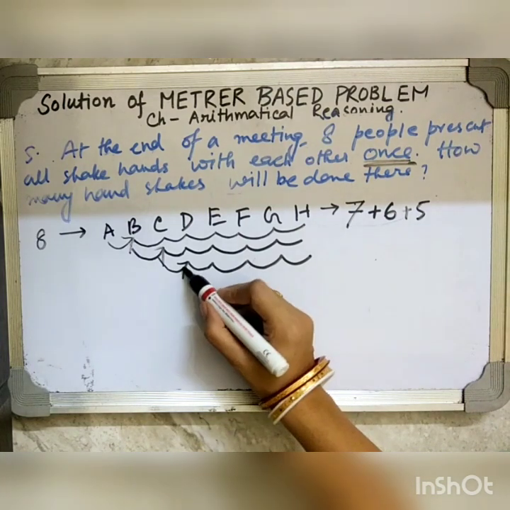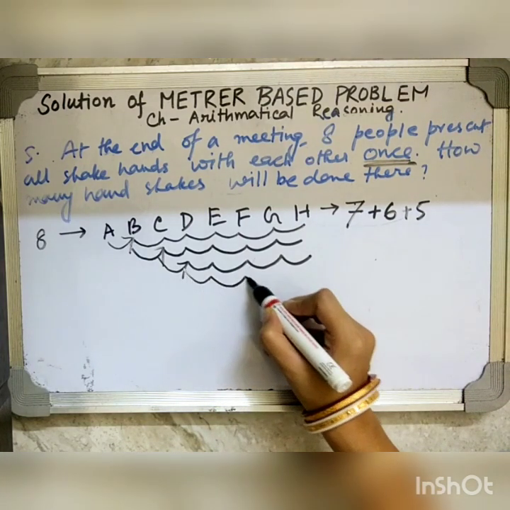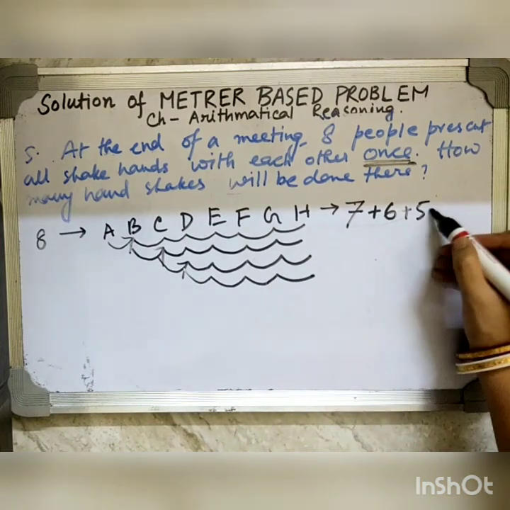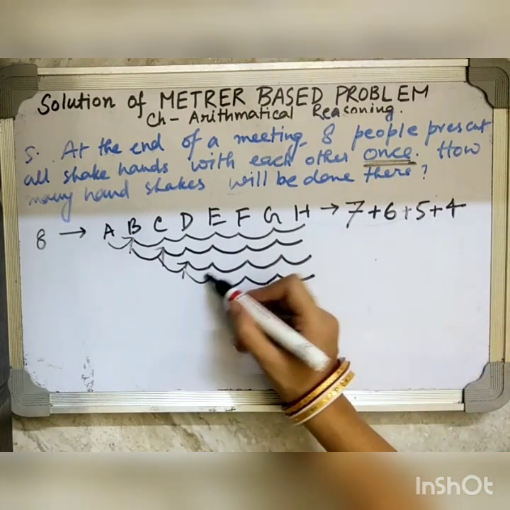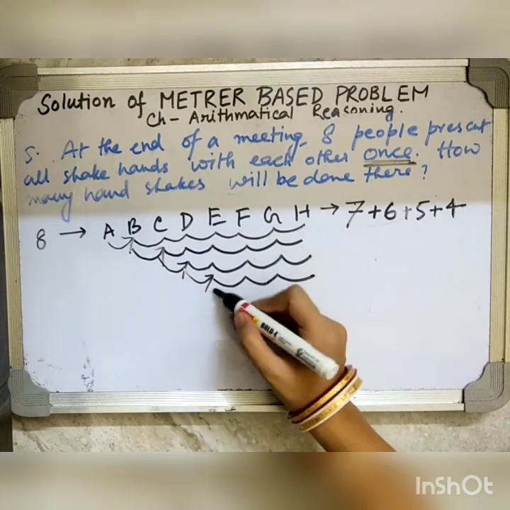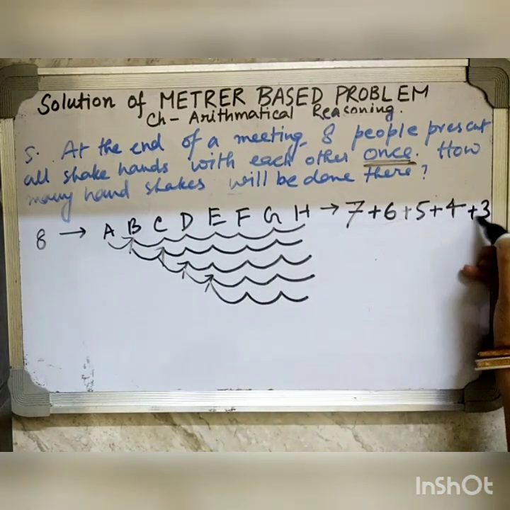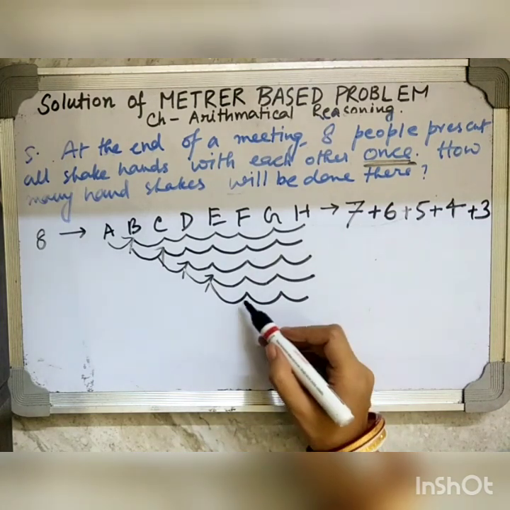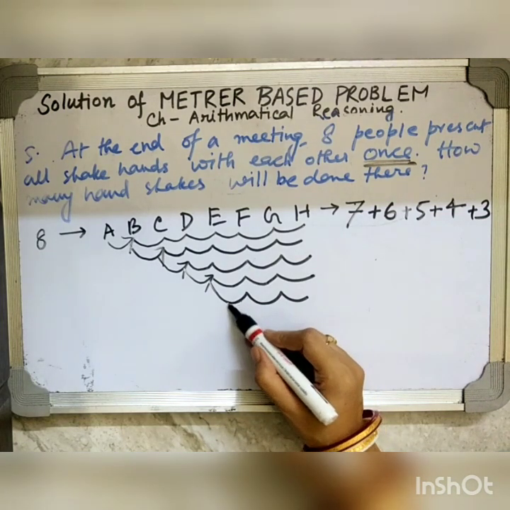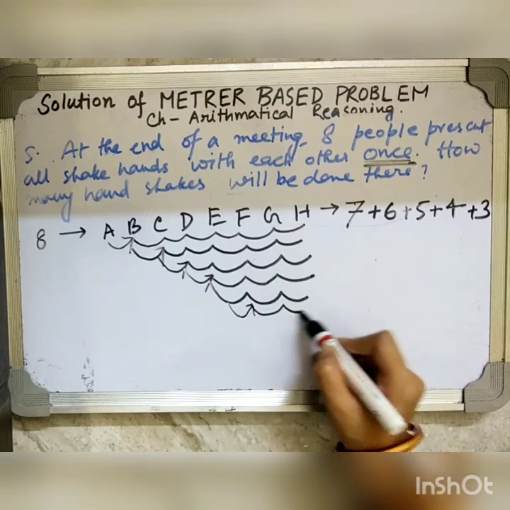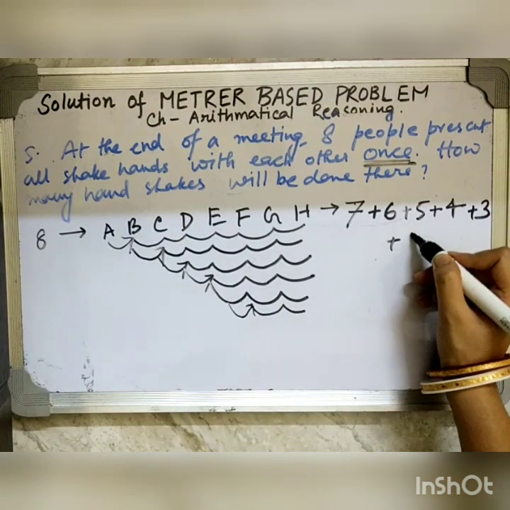Okay. Now D will shake his hand with these 4 people. So plus 4. E will similarly shake his hand with these 3 people. So 3 more handshakes. Now F will shake his hand with these 2 people. 2 more handshakes.